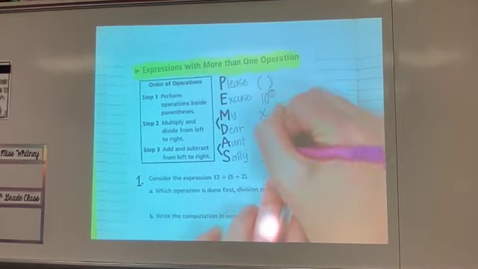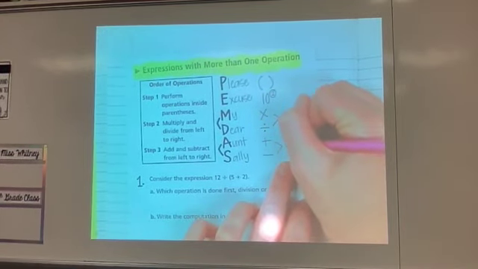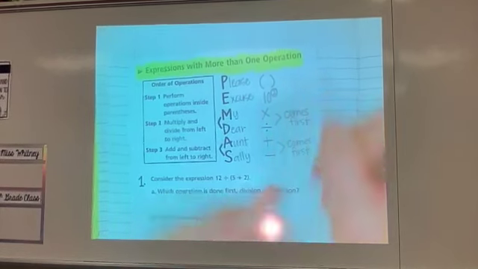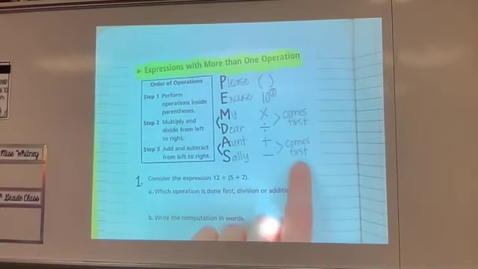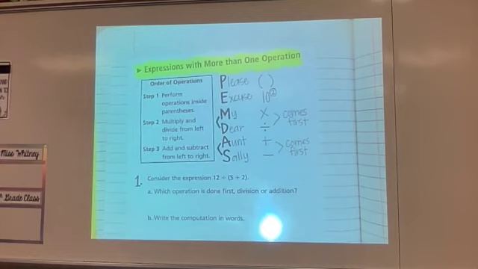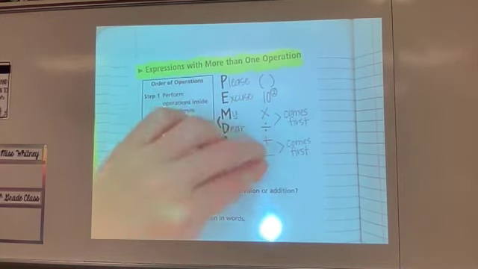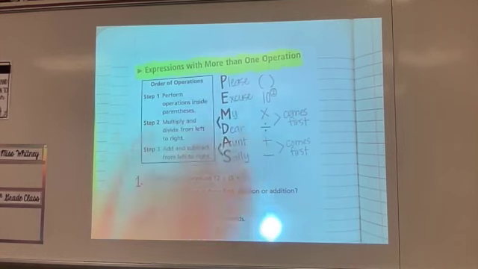Same thing with addition and subtraction. I don't always have to do addition before subtraction. If I have an equation that has addition and subtraction in it, I just do whichever one comes first. And we'll kind of talk more about that as we get into examples of those. But remember, these two can flip-flop the order. Multiplication and division, addition, subtraction, whichever one comes first in those groups is the ones that I actually do first.